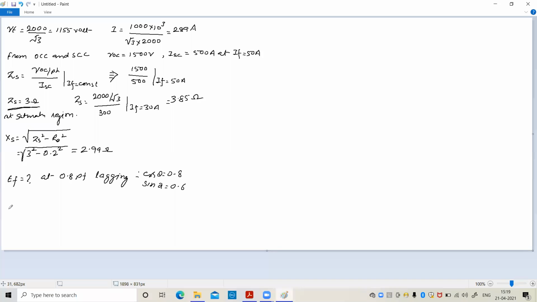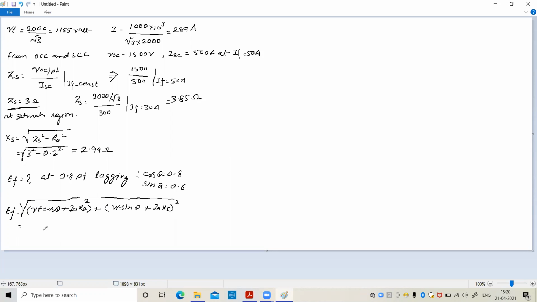So we can calculate excitation EMF: EF is equal to the square root of (VT cos theta plus IA RA) squared plus (VT sin theta plus IA XS) squared.